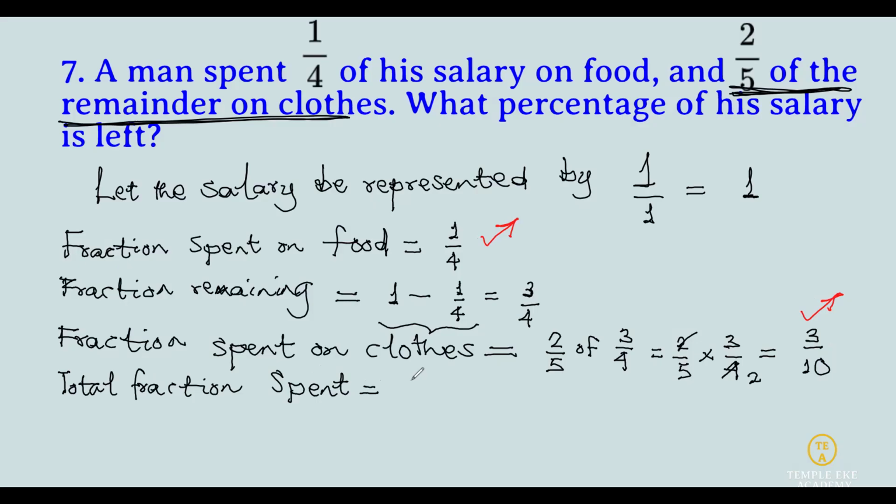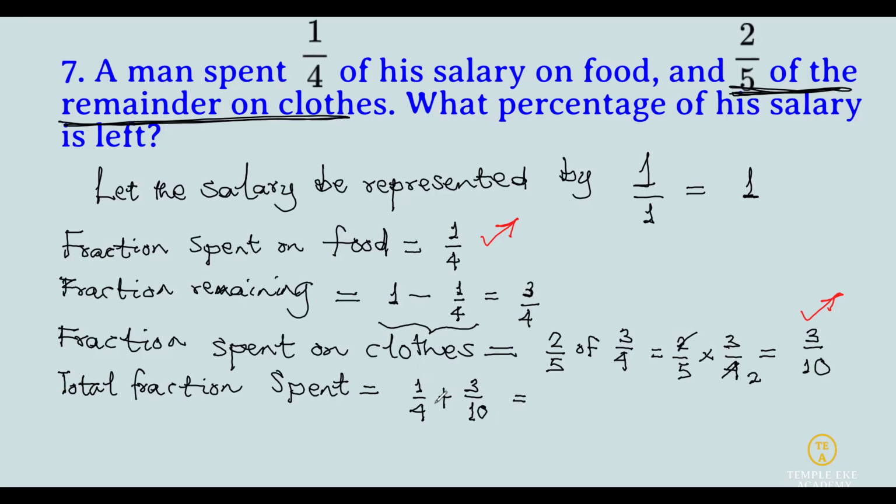So we have on food 1/4 plus on clothes 3/10. Once again, in the video on fractions, we've already been through this. You can find this in one stroke. Yes, of course. So you need to study that video. We want to find the LCM by the double crossing technique: 10 multiplied by 1. 10 times 1, that is 10. I'm holding the 10 in abeyance.